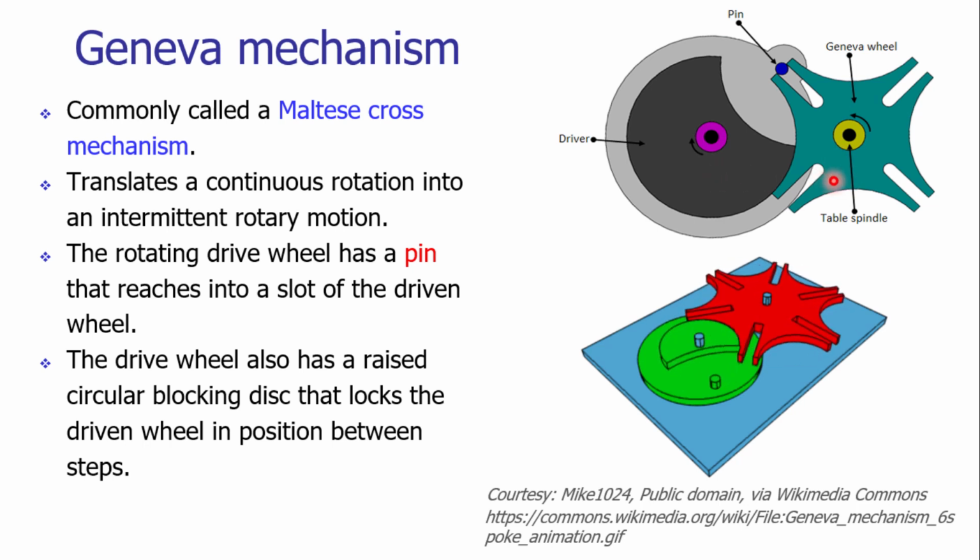This particular view is the plan of the arrangement. There will be a table which is mounted over here. The Geneva wheel has a peculiar shape. This peculiar shape you can see over here, these curves are designed so that there would be a proper locking of the Geneva wheel with the driver wheel. The Geneva wheel also has slots, and these slots get engaged with the pin of the driver wheel.